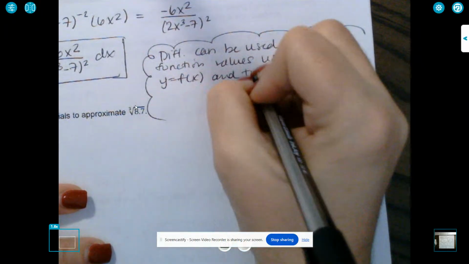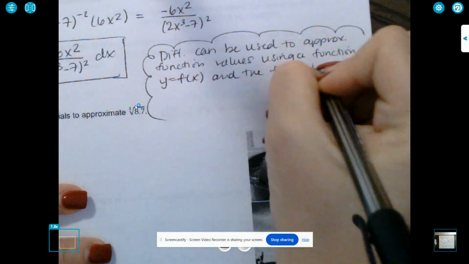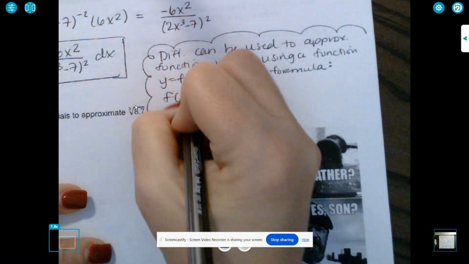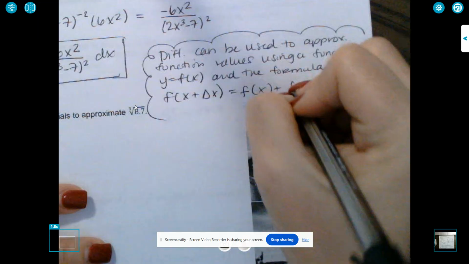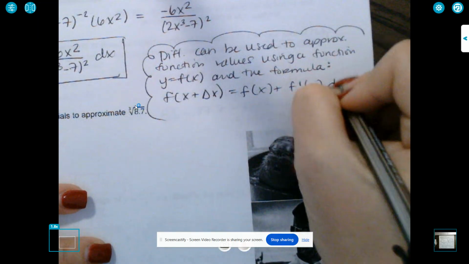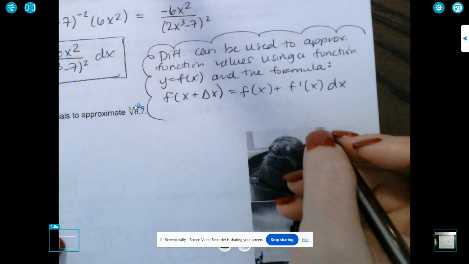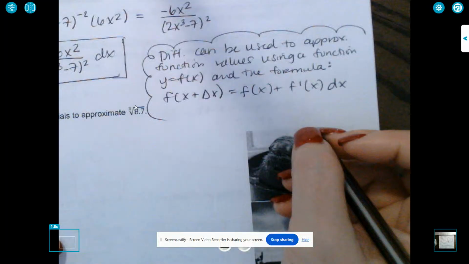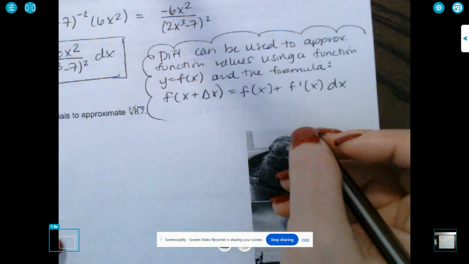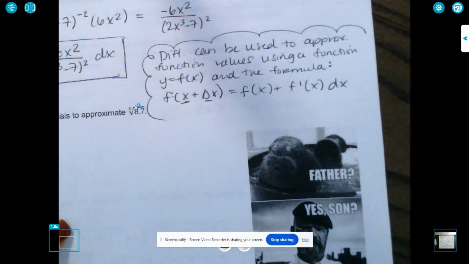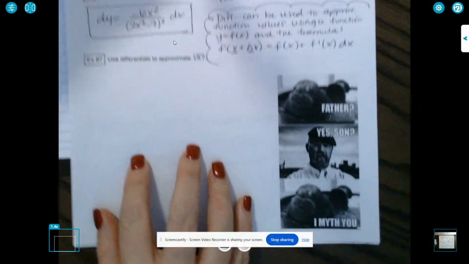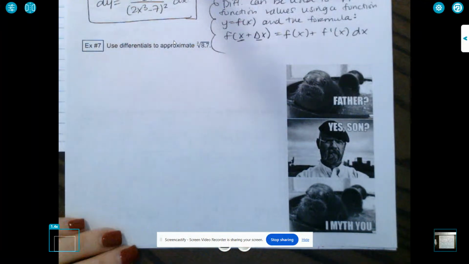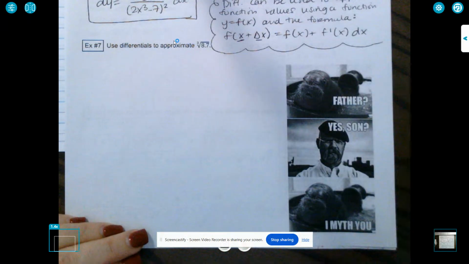And the formula f of x plus delta x equals f of x plus f prime of x dx. Okay, and we're going to do this in this problem down here. I would not be super duper worried about this process, this formula. Again, it's just application that we're talking about here.